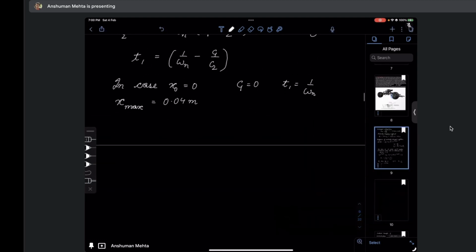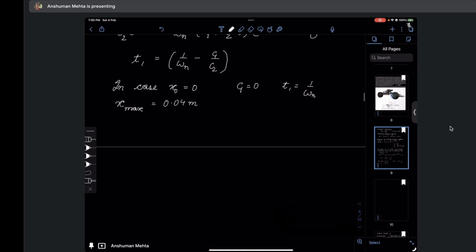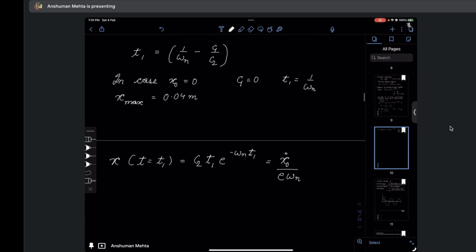Now x max is given as 0.04 meter, so we will put the values and find x at t equal to t1, which is equal to c2 t1 e to the minus omega n t1, which is x naught dot divided by e omega n.